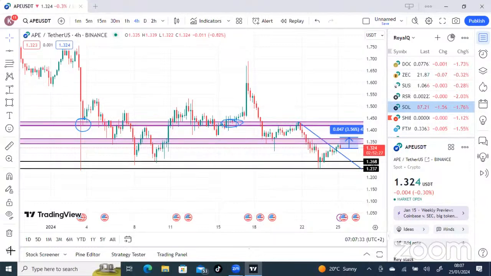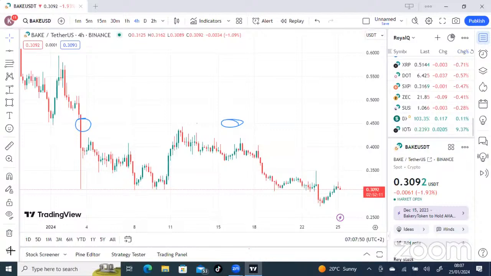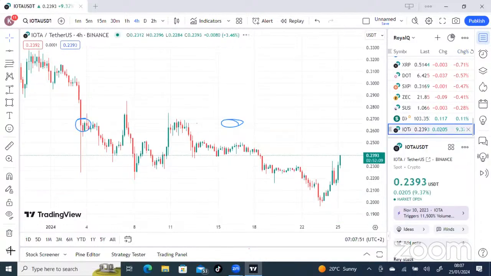Support and resistance. What is it? Is this analysis, is support and resistance hard? Because I want now to simplify. Is support and resistance hard, guys?